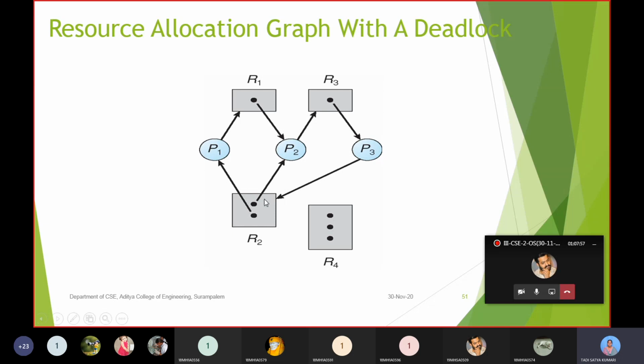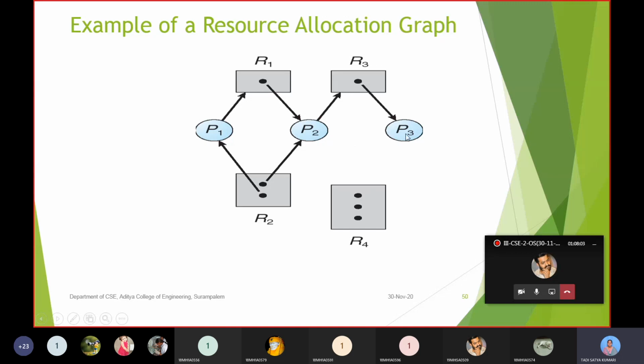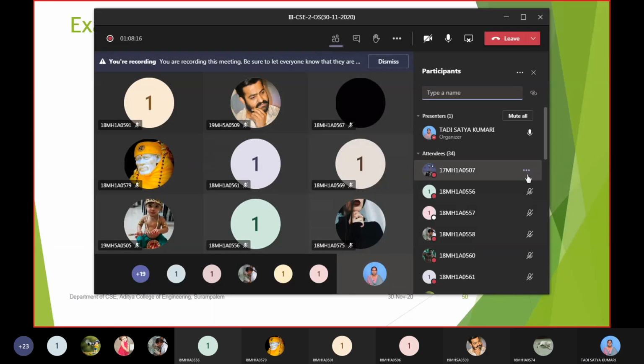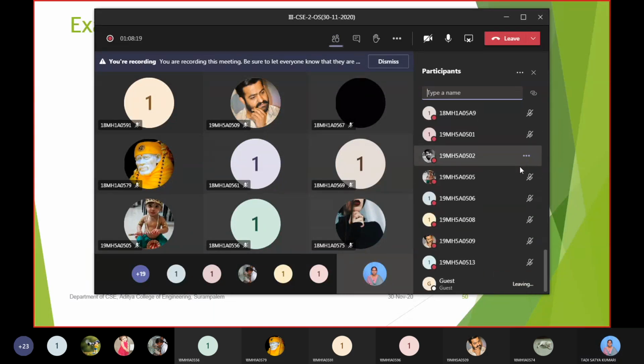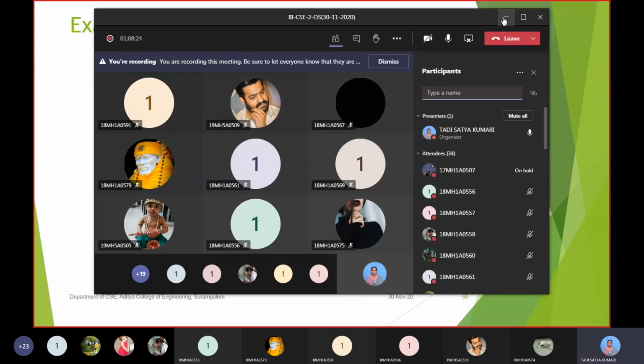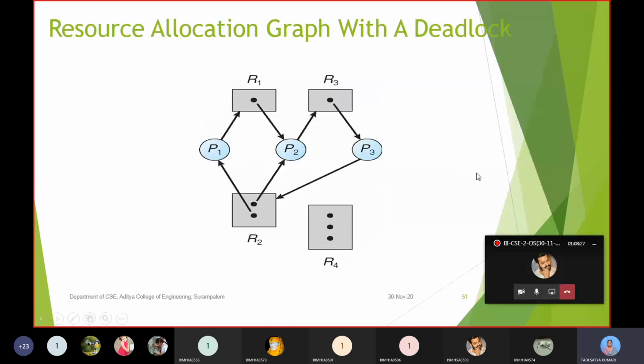Whatever edges were there previously, I have used the same edges, except that process P3 is now requesting R2.